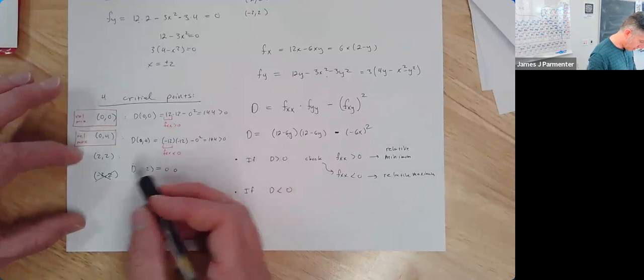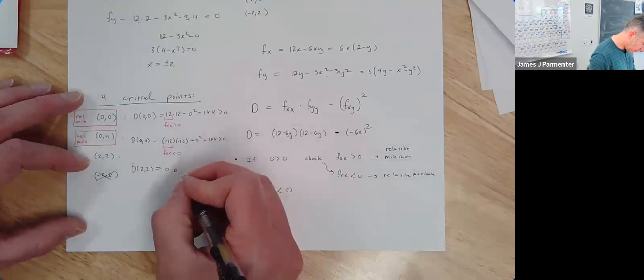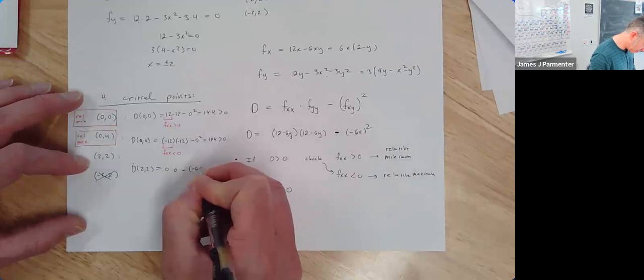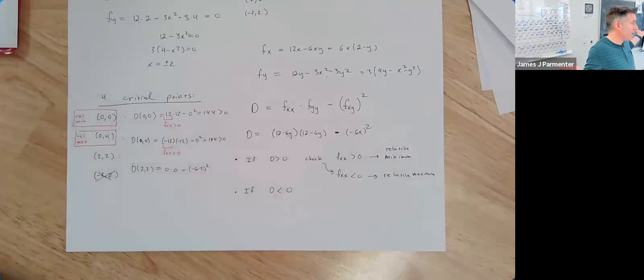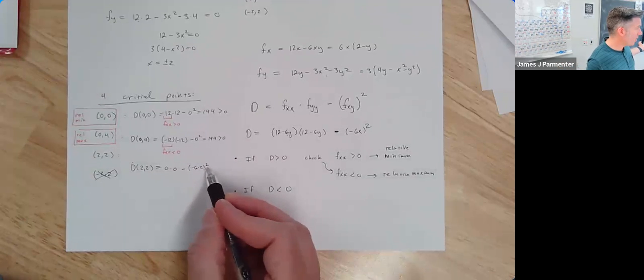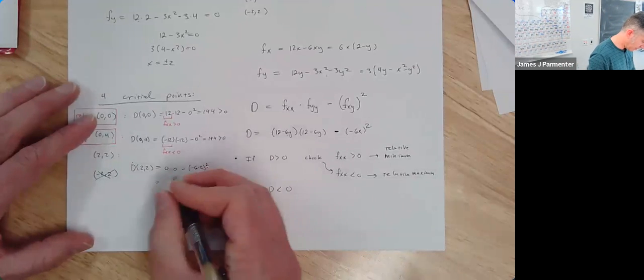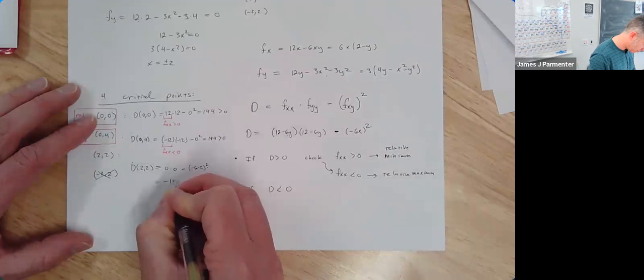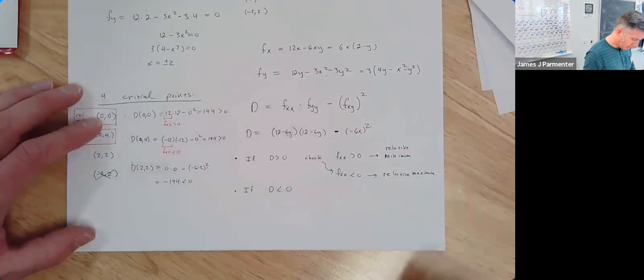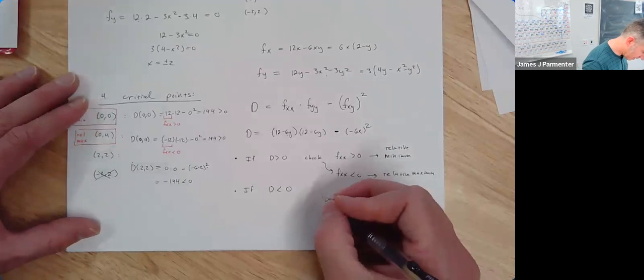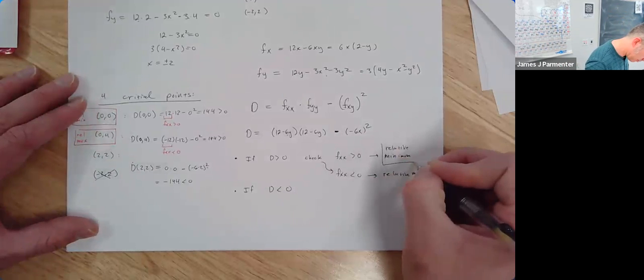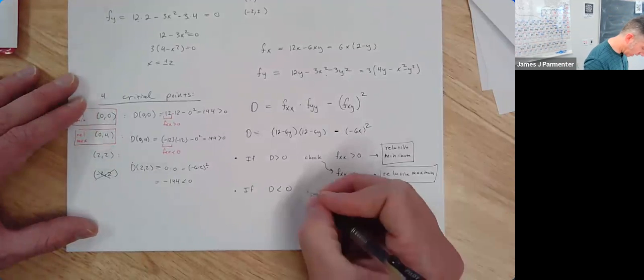But if we're plugging in 2 for x, we're getting minus negative 6 times 2 squared. And that definitely has to be negative. There's no way that can be positive. Negative or positive squared is positive, and then minus a positive is negative. This is going to be negative something, which is negative. So if D is negative, you have a saddle point. Nothing else to check.